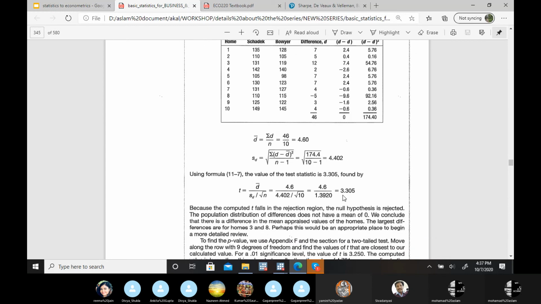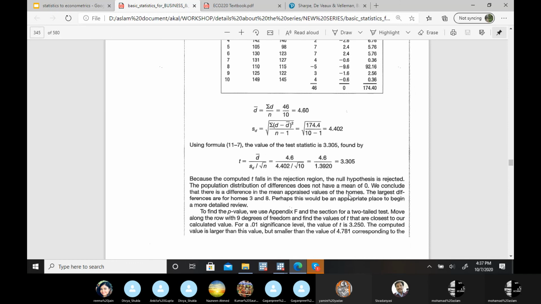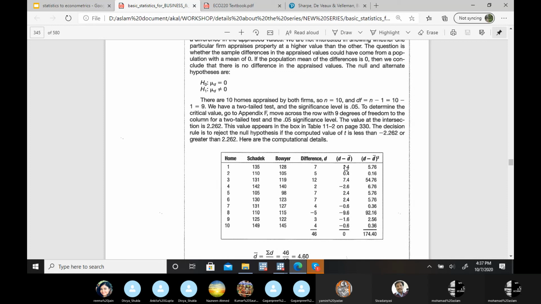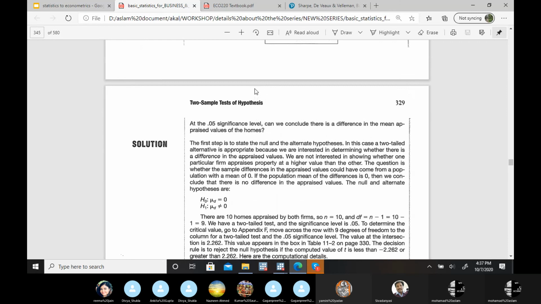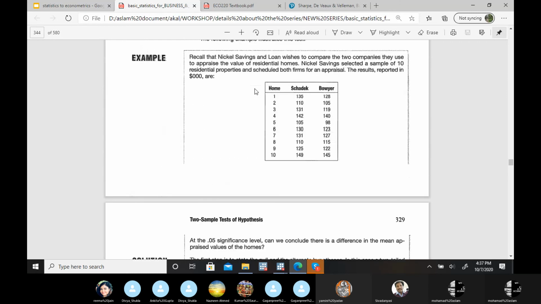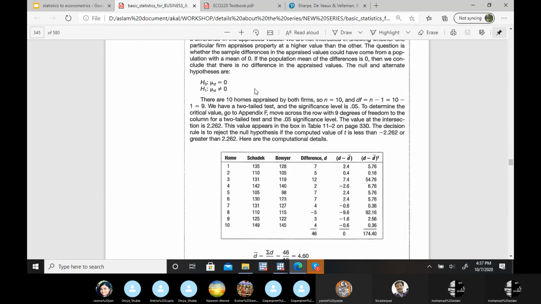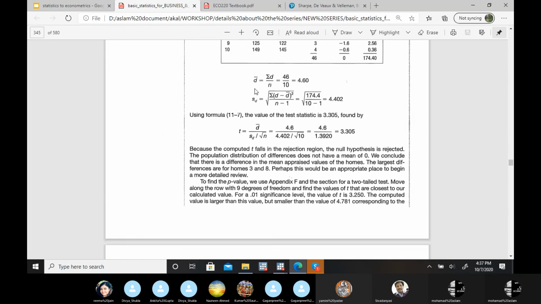Now this t value is 3.30 and the critical value is 3.250. This value lies outside the acceptance region, so they will reject the null hypothesis and go with the alternate finding, that there is a difference between these two companies in the appraisal form. So this is how you can do a paired test and an unpaired test.